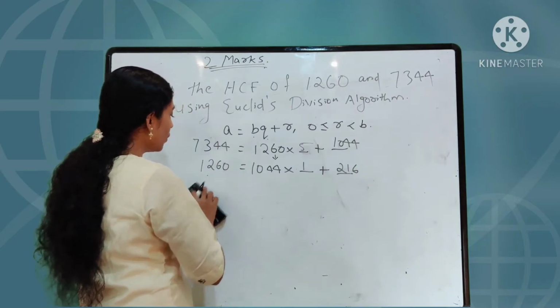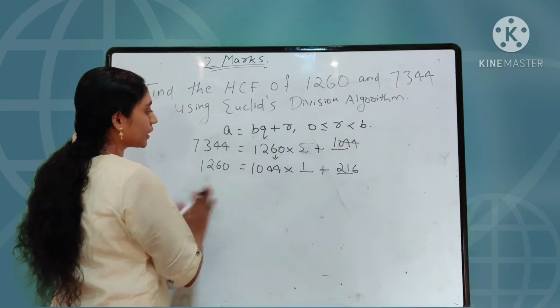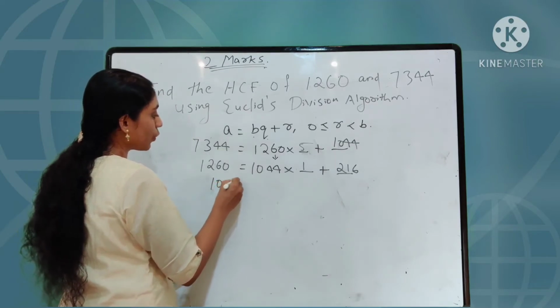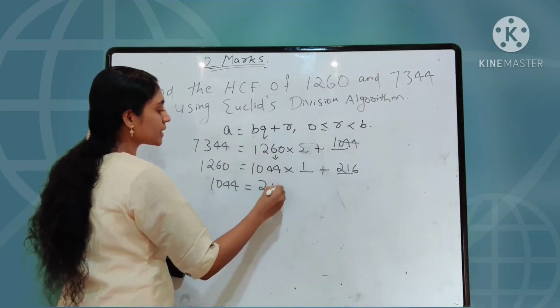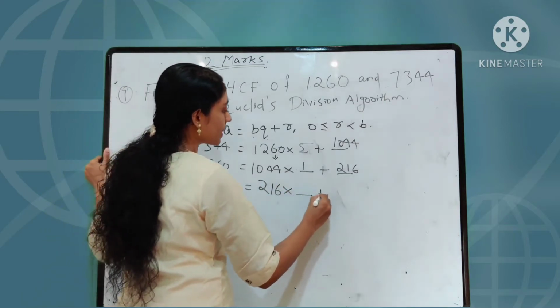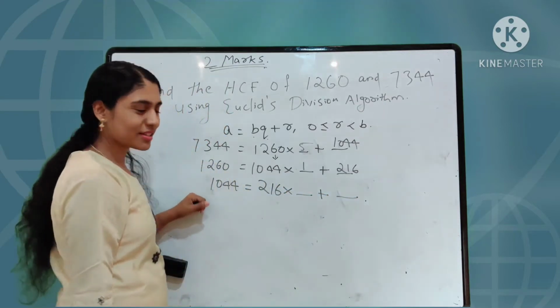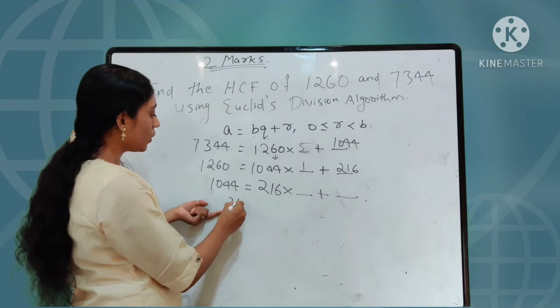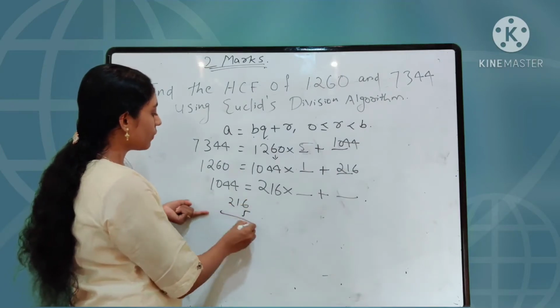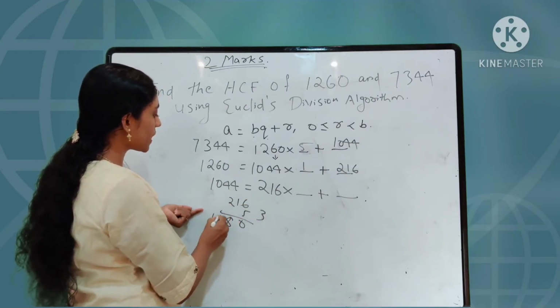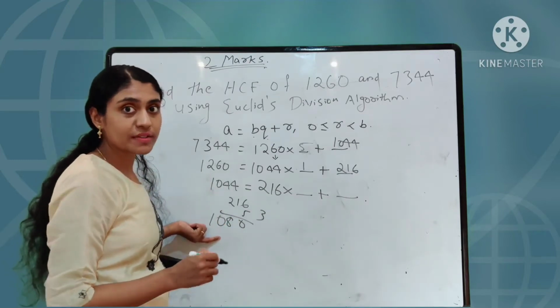So you have to take the next step. Step number 3. 1044 is equal to 216 into quotient plus remainder. Now what is the quotient and what is the remainder? You can check it. 216 into 5 is 1080, which is greater than 1044.